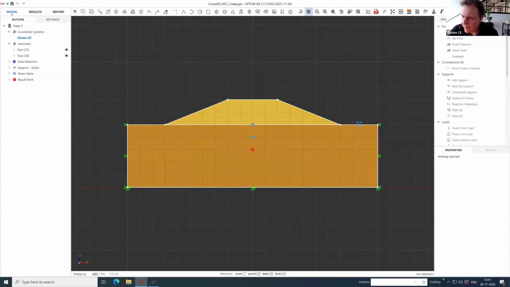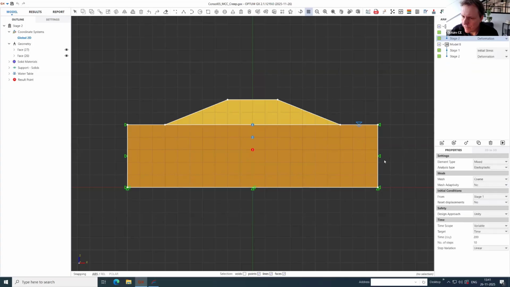I think I've covered everything I wanted to say. Of course, this analysis type, deformation with time scope variable, can be used for much more complex and interesting problems than the ones shown here. It should be straightforward to do so in 2D, 3D, axis symmetry, with or without structural elements and so on.